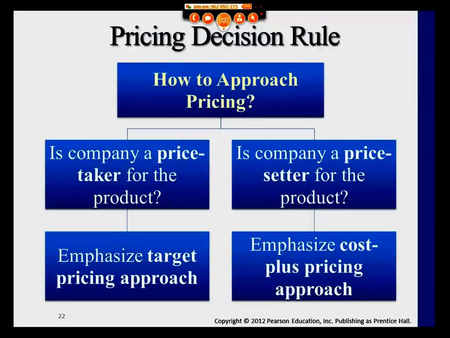And as I just mentioned, but I want to emphasize this, price takers use the target pricing approach, while price setters are going to use the cost plus pricing approach. Okay? Price setters have more power to determine the price of the product. Your price takers pretty much have to go with the flow of the market.